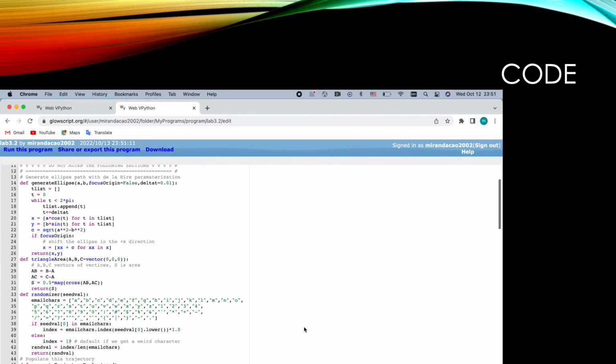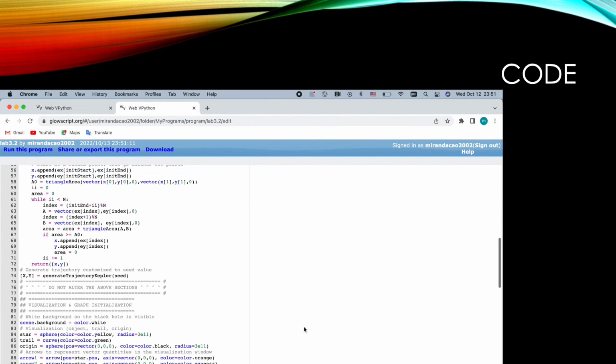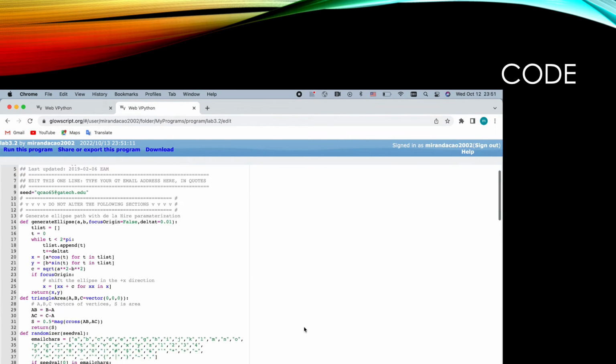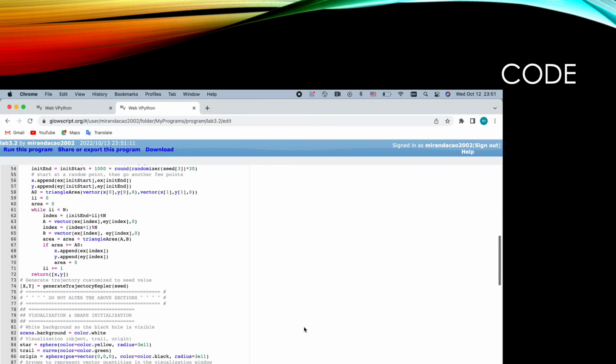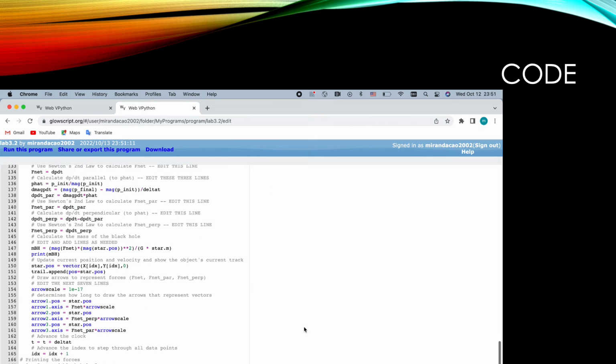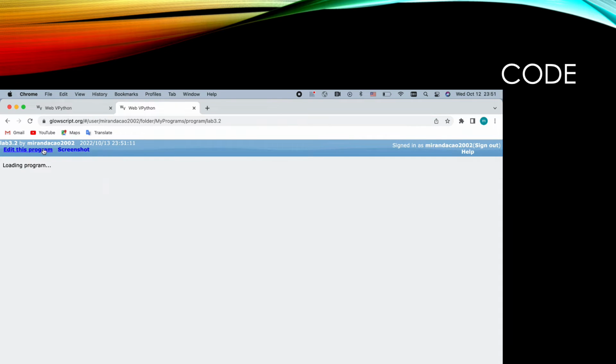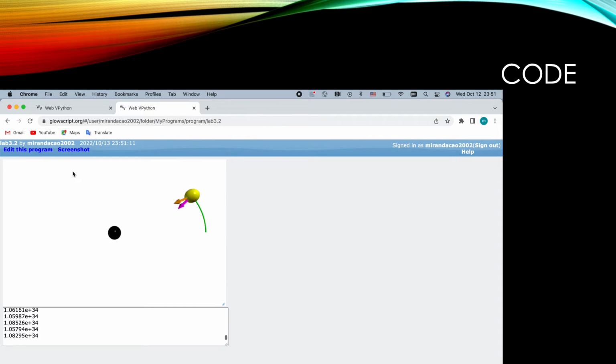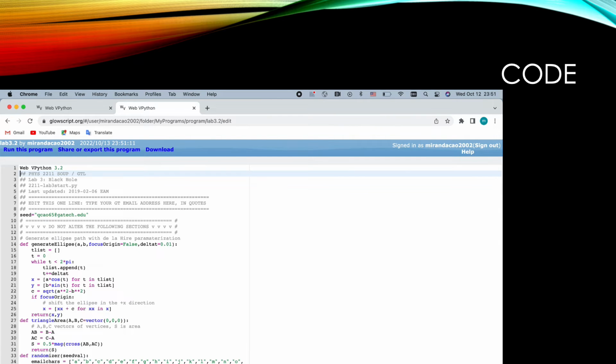This is my code for part 2. Here I use the gravitational force formula F equals negative G times m1 m2 over r squared, as well as the position and velocity update formula V final equals V initial plus F net over mass times delta T, and R final equals V final times delta T plus R initial.